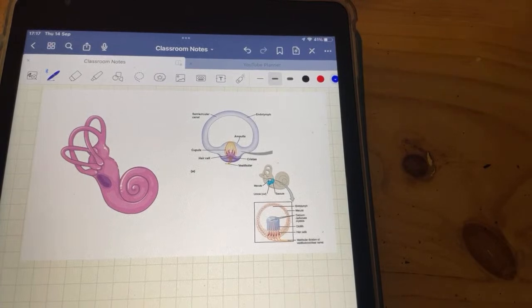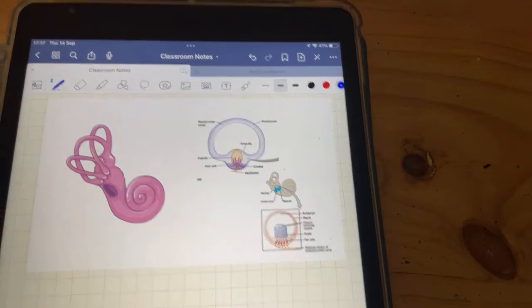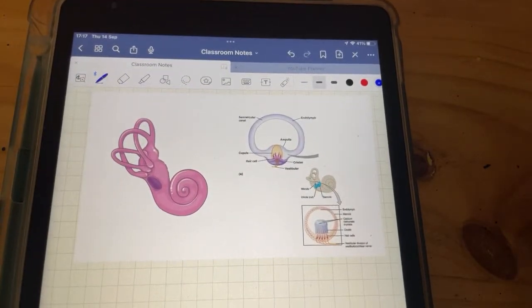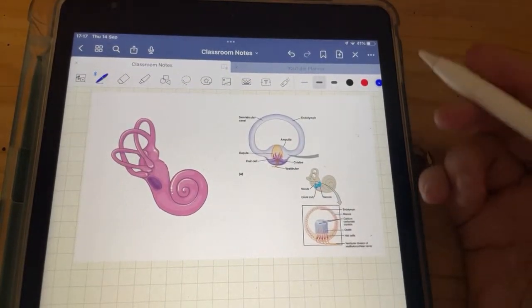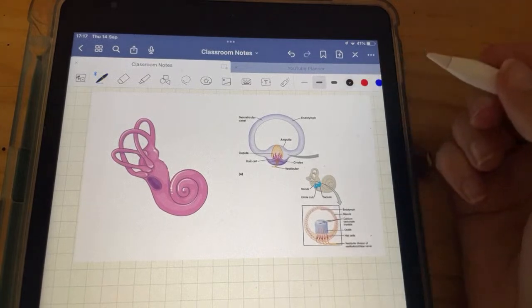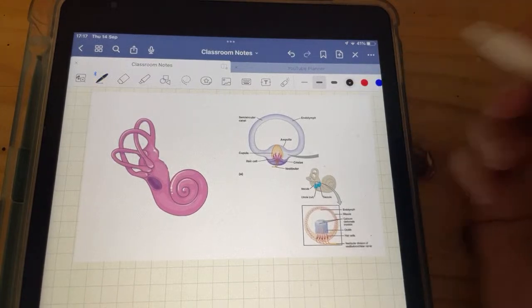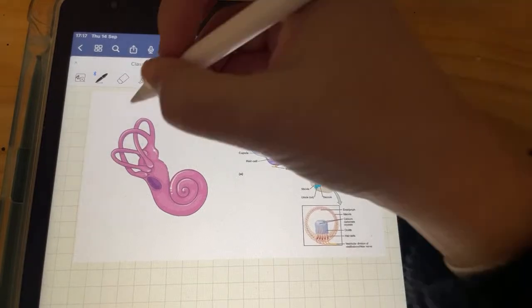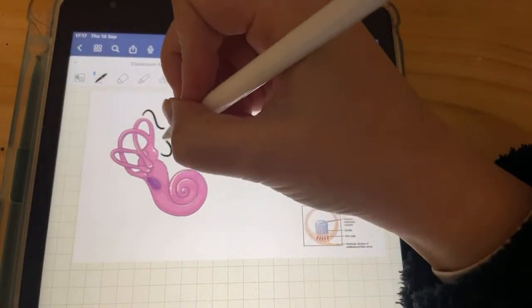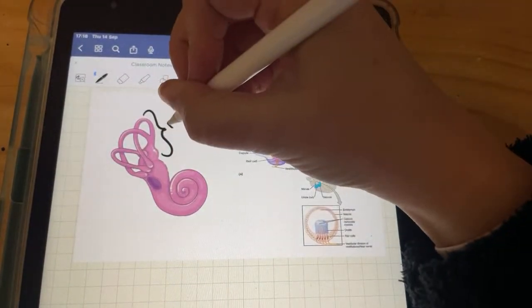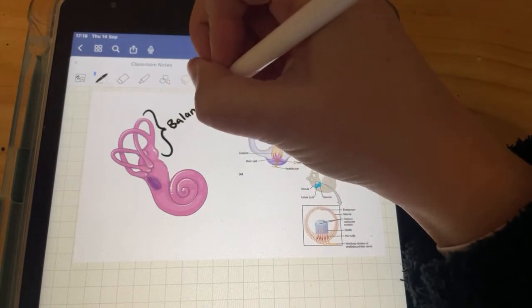Okay. All right, so let's talk about the ear. The ear gives us a lot of hassles because we don't know how to explain certain things. I'm going to start off with focusing on the semicircular canals, which are these guys up here, and they are responsible for balance.